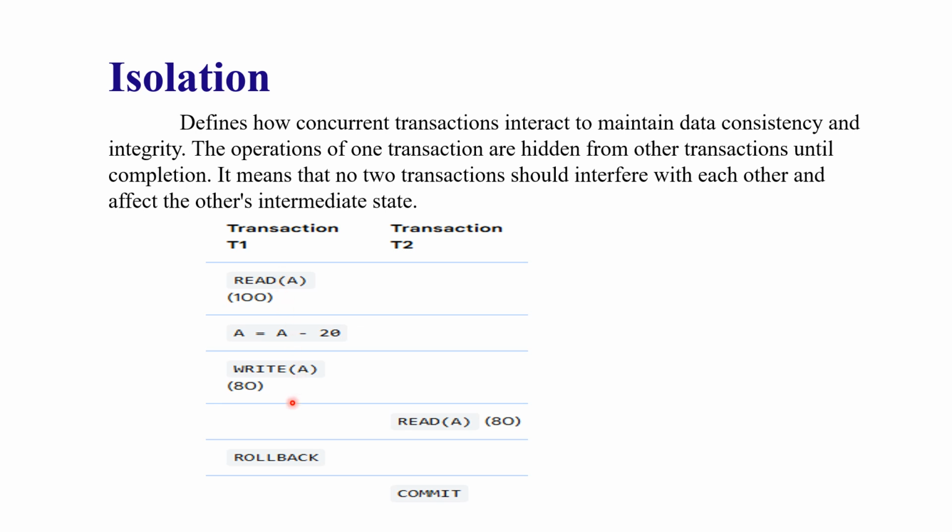But before the commit of transaction T1, transaction T2 reads the value of A. Here, T1 fails and we perform a rollback operation, which means the operations we have done will be undone. Then transaction 2 results in inconsistent data. By rolling back, the A value should be 100, but in transaction 2 it is reading the value as 80. So to maintain data consistency, we maintain different levels of isolation, which will be discussed in later sessions.